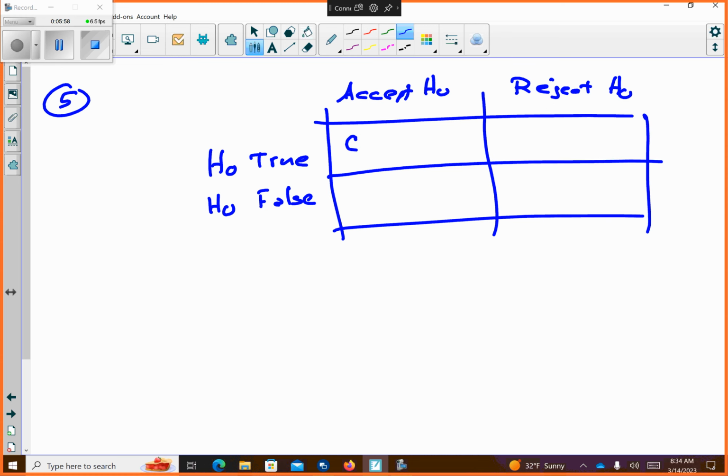So this was correct. This is a type 1, where we have an alpha error. And then this would have been type 2. So this is a beta error. We're not going to really focus on beta errors. And then correct decision.